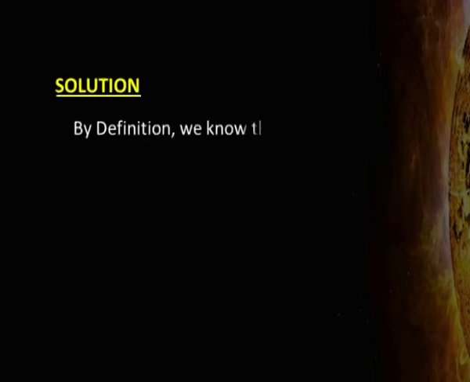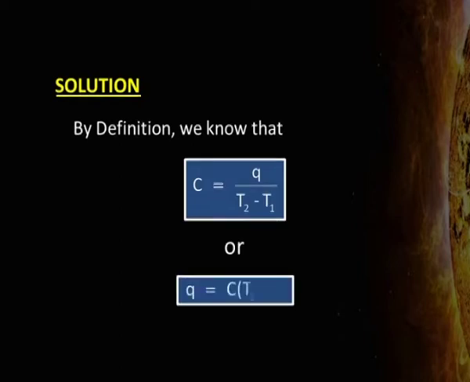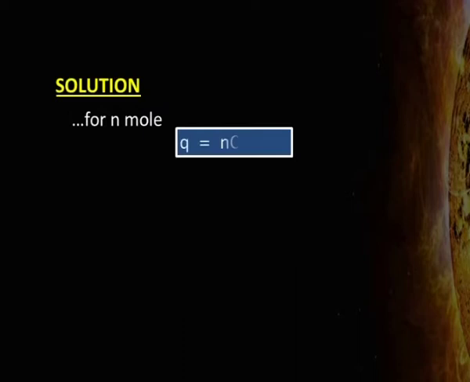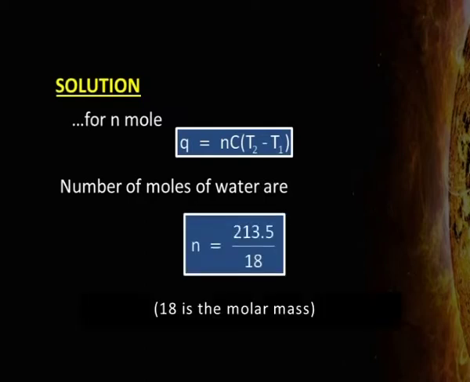By definition, we know that C, that is molar heat capacity, is equal to Q upon T2 minus T1, or we can say that Q is equal to C multiplied by T2 minus T1 for 1 mole of the substance. But if there are n moles of the substance, then Q will be equal to n multiplied by C into T2 minus T1. Here, the number of moles of water is 213.5 divided by 18, because 18 is the molar mass.